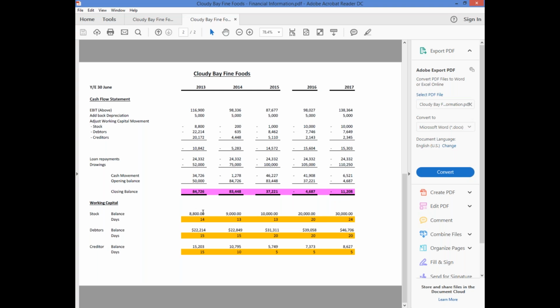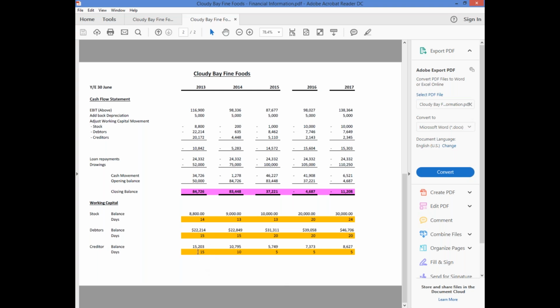We can see that her stock's grown from 8,800 to 30,000, so some of it may be sitting on the shelf. And her days of stock have gone from 14 to 24. What she's owed by her customers, so she provides credit, was 22,000. That's now at 46,000. And in terms of days, it's gone from 15 days to 20 days.